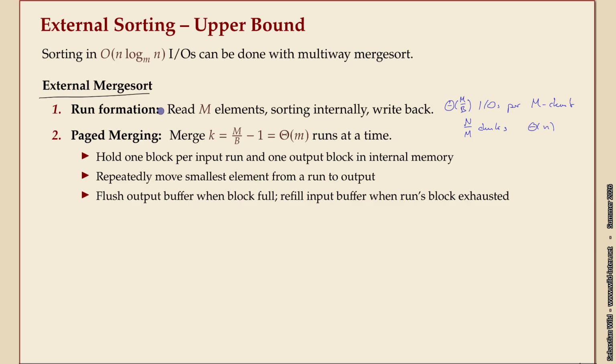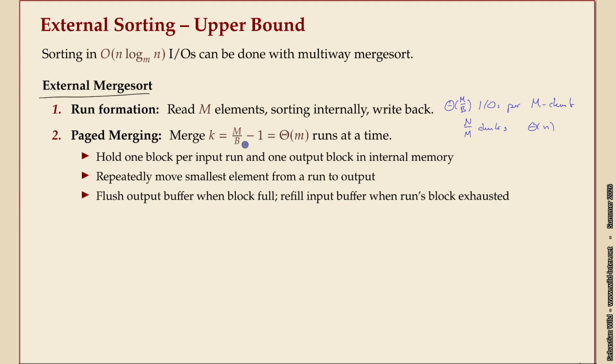Now I have my inputs transformed into runs of M elements each. And now I'm doing a multi-way merge where I read K runs at a time, but I don't read them into memory. I read only one block of each. So I can make up this number of runs that I use. I can fill my entire memory with one block from each run and one output block.